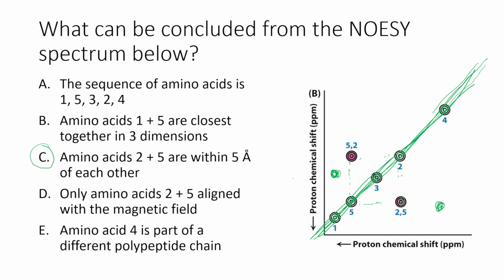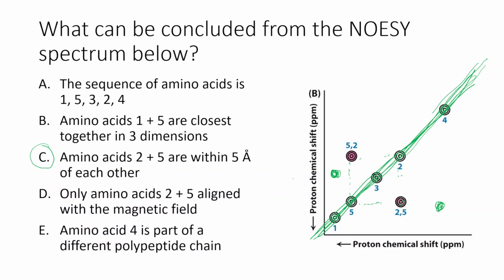The way you tell that is essentially because of this numbering. You can use a different NMR technique to tell you the order of amino acids and line those up. That's why on your diagonal you don't just have 1, 2, 3, 4, 5. It says 1, 5, 3, 2, 4. They probably did a different NMR technique to figure out which protons are which, what order they're in, and that way you know how many amino acids away from each other they are.